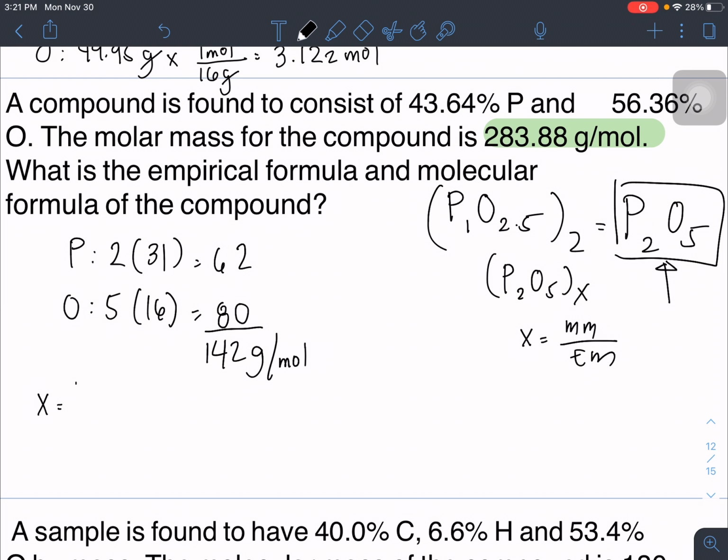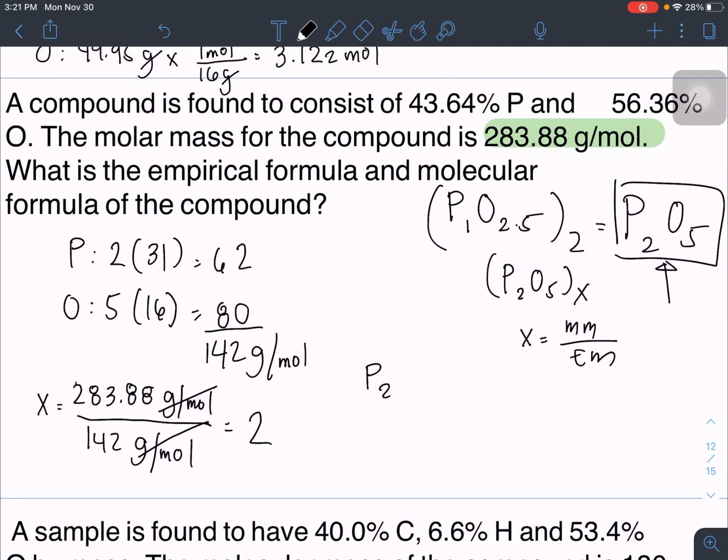Okay, so this will be 283.88 grams per mole over 142 grams per mole. Cancel similar units, so this will be 1.999 or approximately 2. Hence, we should multiply P2O5 with 2.